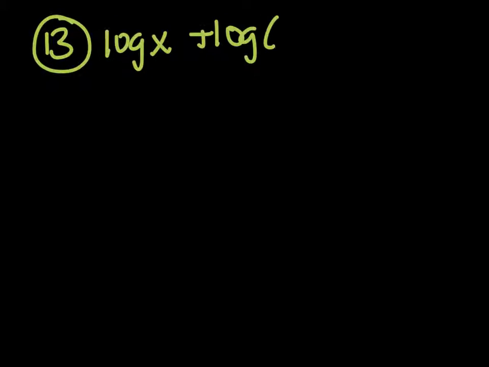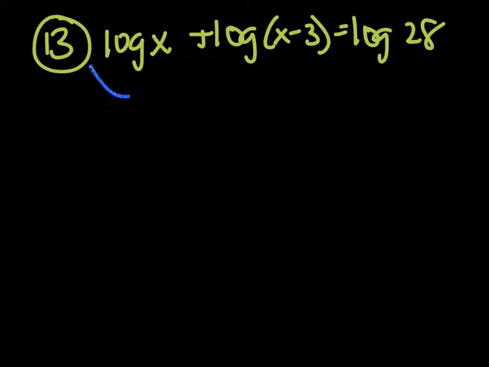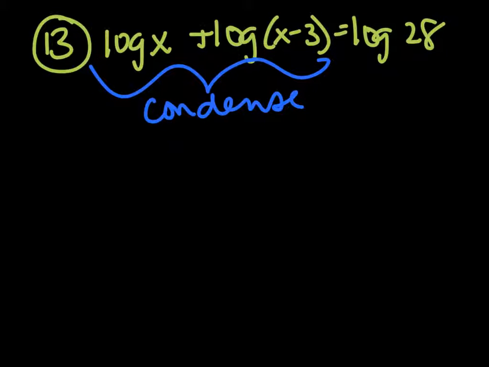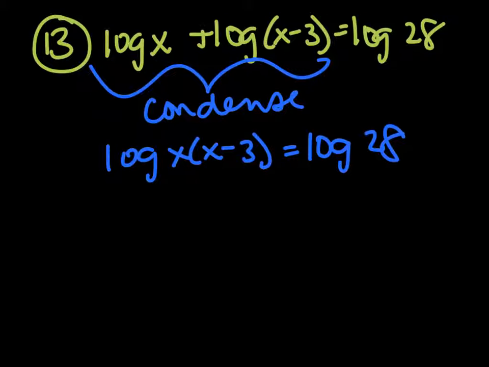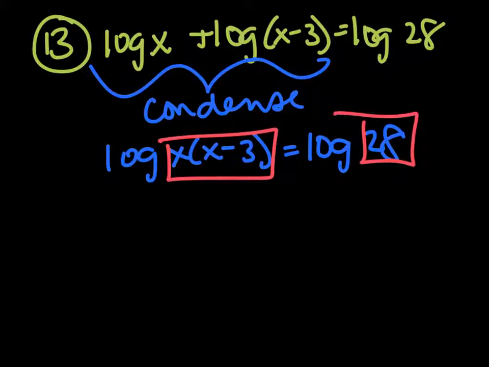You have log x plus log x minus 3 equals log 28. So again, I have two logs. I need to condense these. This is log x times x minus 3 equals log 28. So as long as my bases are the same, I can set x squared minus 3x equal to 28.